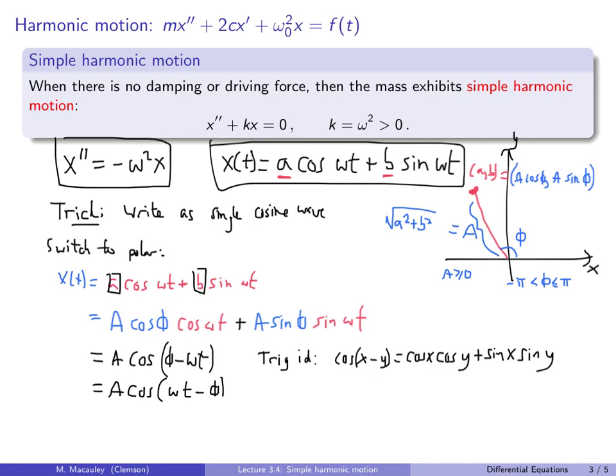And now if I want to, I can factor out and write this as A cosine of omega times t minus phi over omega. I don't have to do this, but back when you learned trig and were graphing trig functions, it made things easier to factor out the coefficient of t to make this monic, because now this is amplitude, this is frequency, and this is the phase shift.